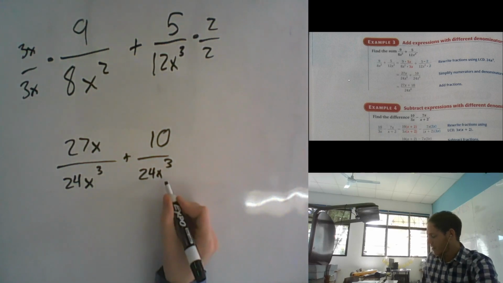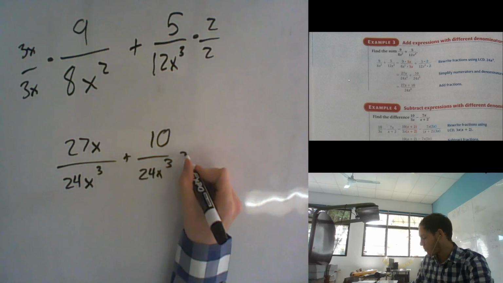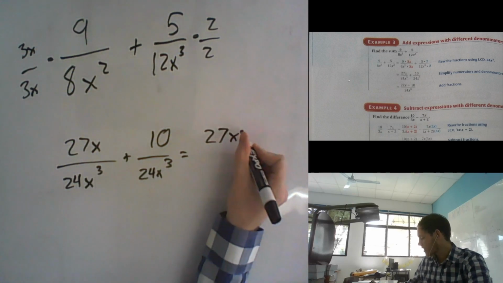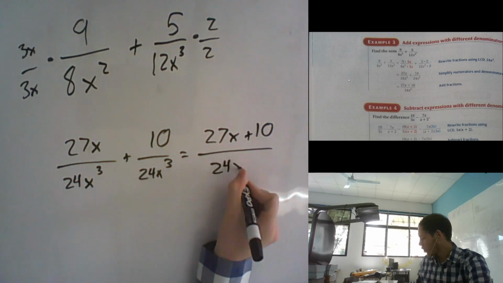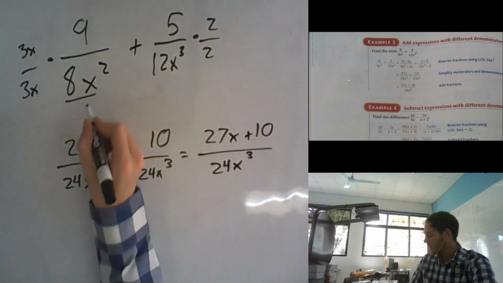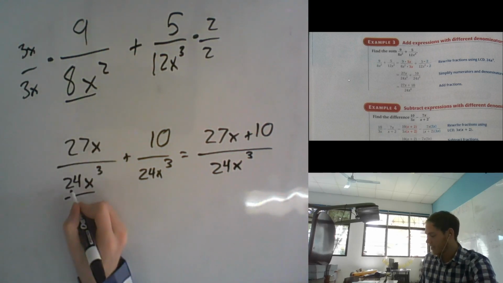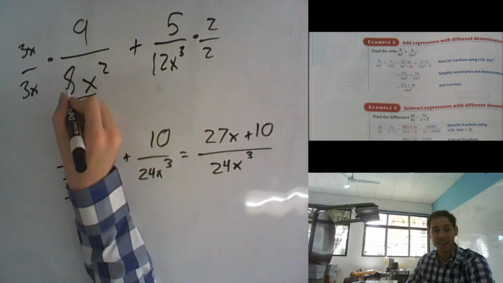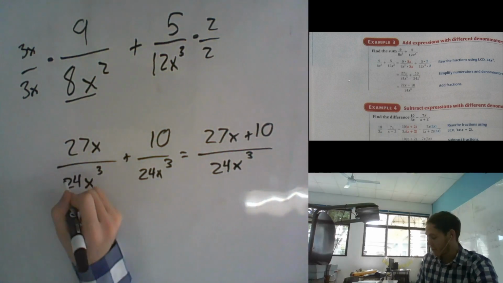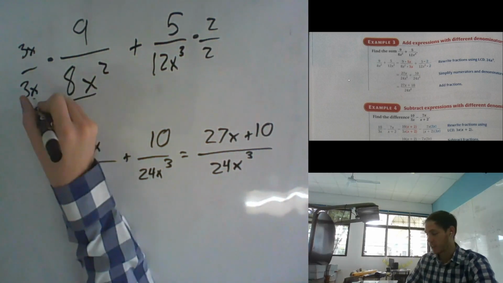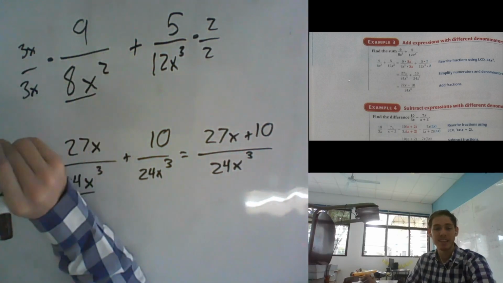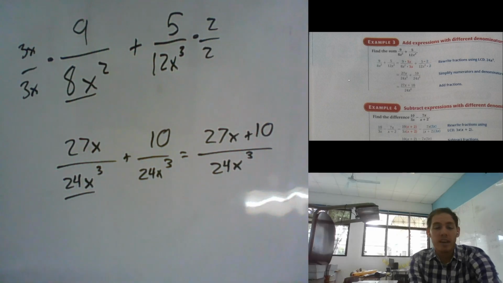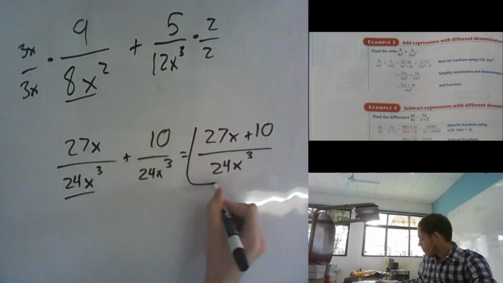Is the denominator the same? Yeah, so we can add the top: 27x plus 10. Okay? So how I got from here to here is I divided 24x cubed by 8x squared to get 3x. And then I had to multiply top and bottom by the same number. So this is our answer.